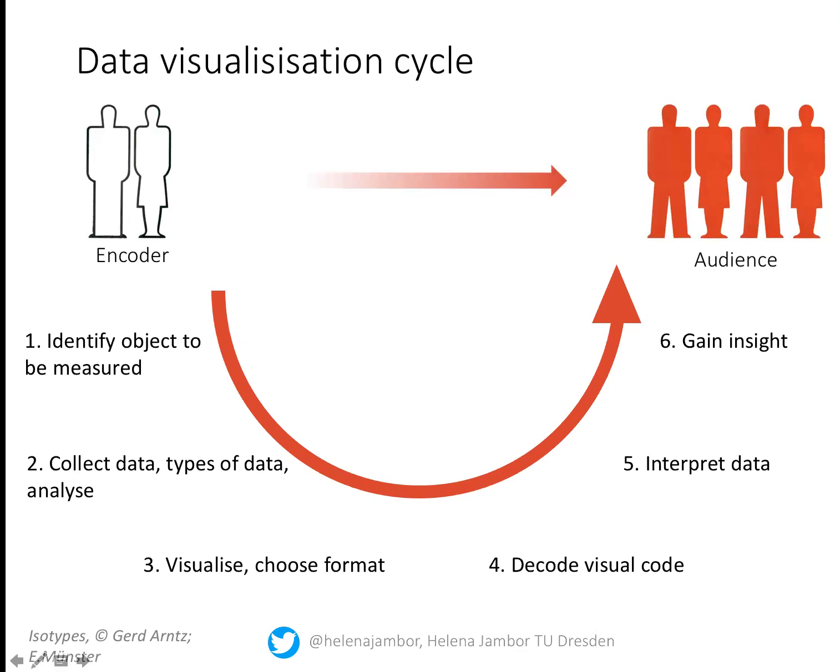This is the next step after decoding, because now you're trying to make sense of the data and to understand the main message. And then if this works really well, the audience gains insight, which means it has a lasting memory of your visualization and your message.